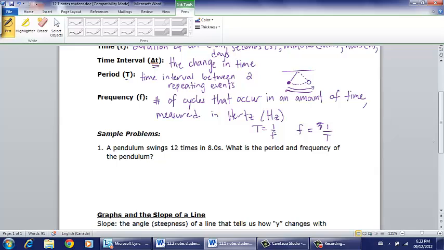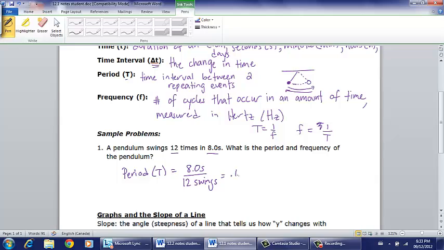We're going to look at a couple sample problems. First of all, if you had a pendulum and it swings 12 times in 8 seconds, what is the period and what is the frequency? Well, the period, T, is the time, 8 seconds, over the amount of swings, 12 swings.